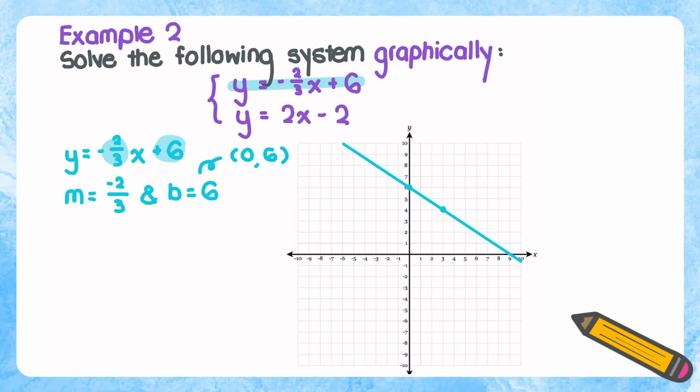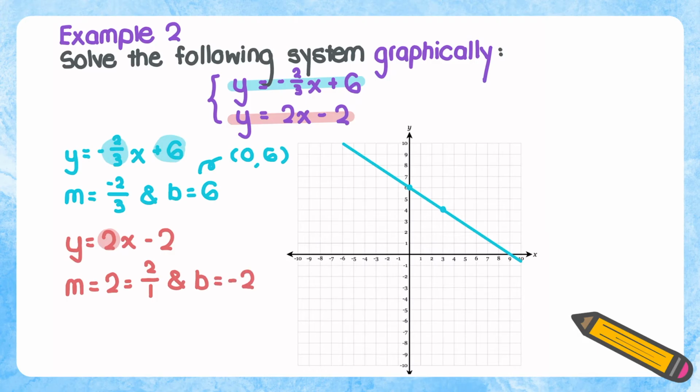Now let's look at the second equation right here. I'm going to write it over here. We have y equals 2x minus 2. Our slope, m, equals 2, which I can write as 2/1. And my b value here is negative 2.